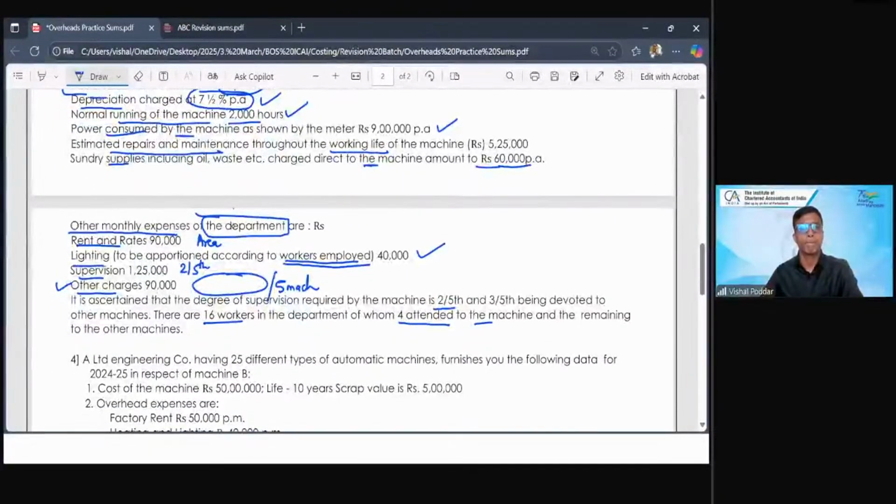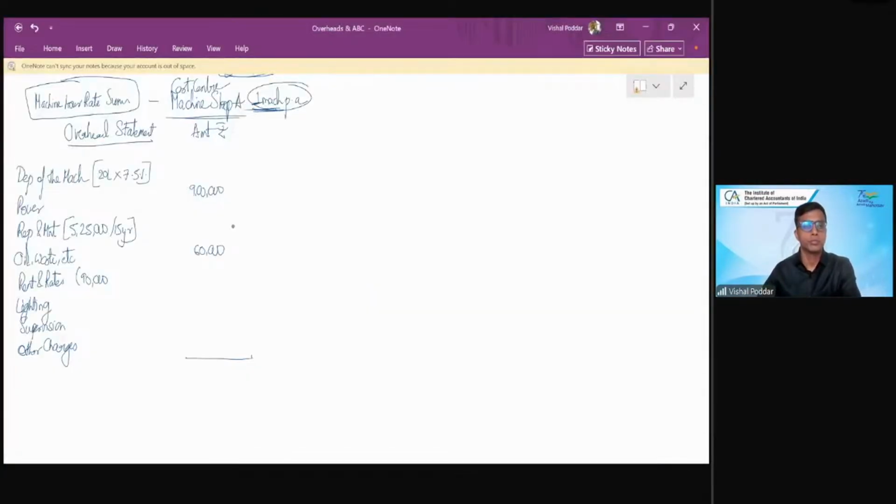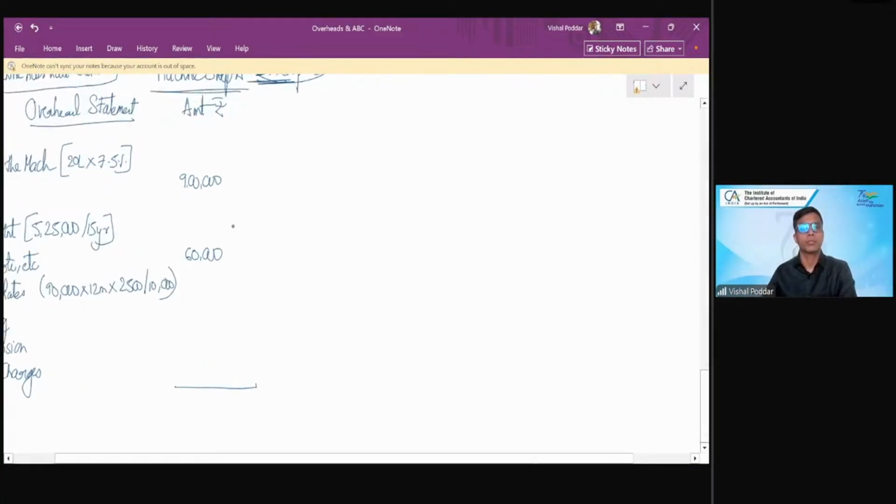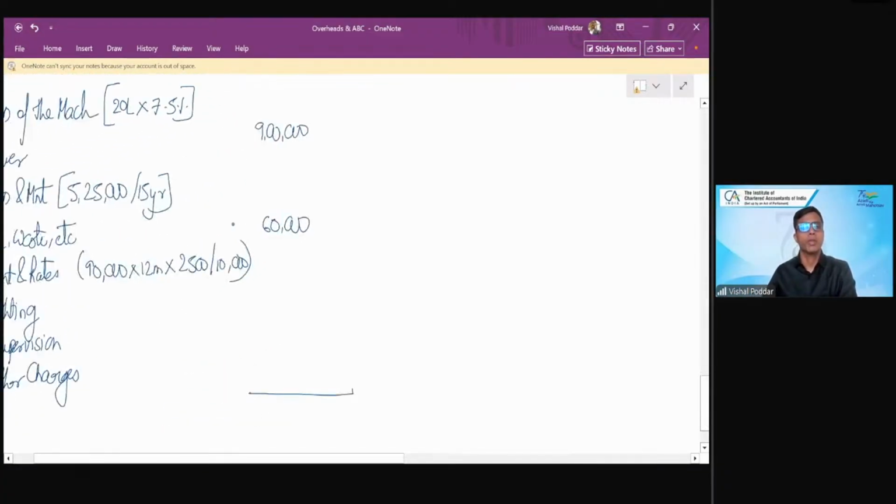Okay. And rent rates is 90,000. And see, this is monthly. So you have to be very careful. 90,000 into 12 months into 2,500 upon 10,000. Correct? Be very careful with the values given.